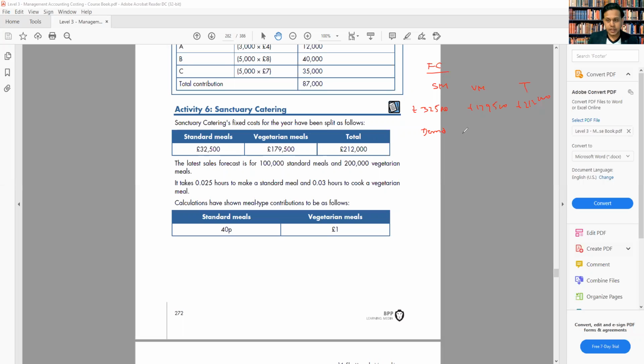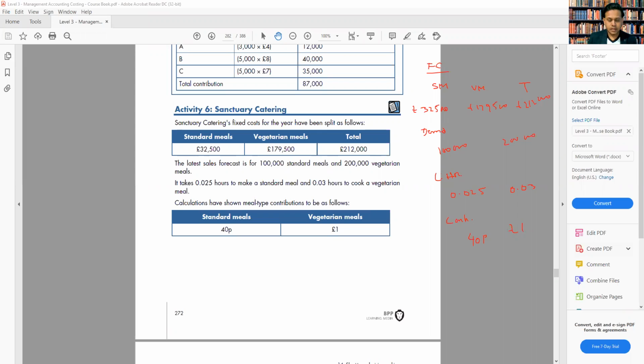For the standard meal we have 100,000. For the vegetarian we have 200,000. And the labor hours, for the standard we need 0.025 hours, and for the vegetarian we need 0.03 hours. Contribution is 40 pence for the standard meal and £1 for the vegetarian.